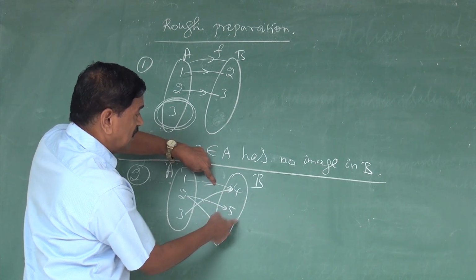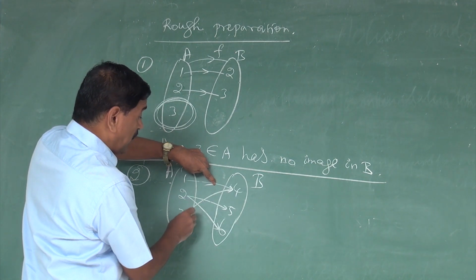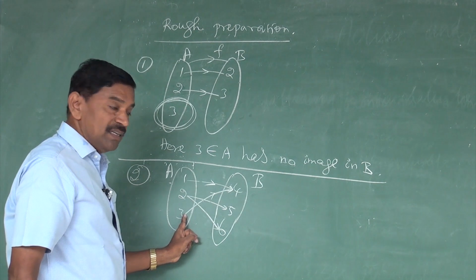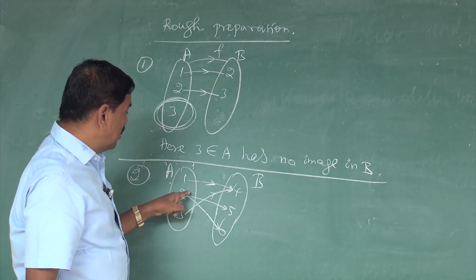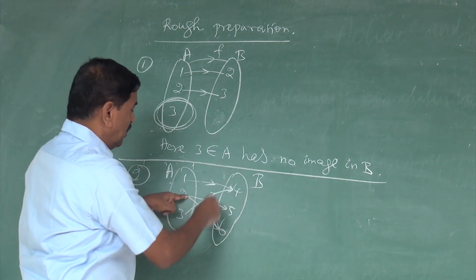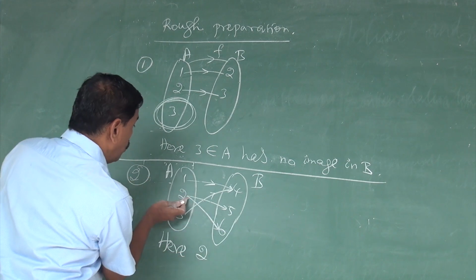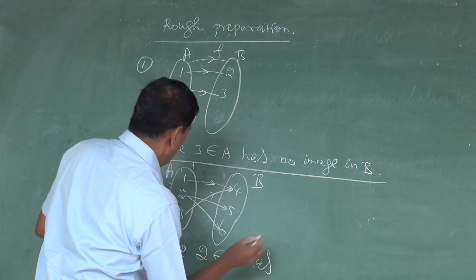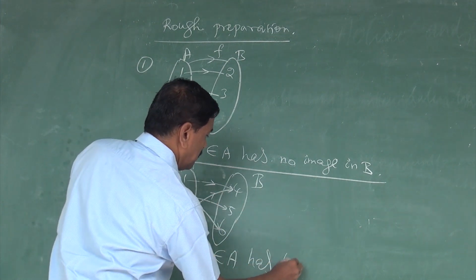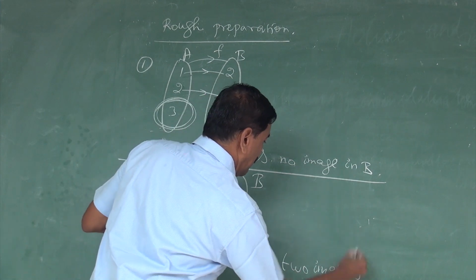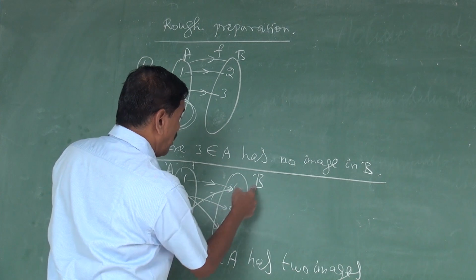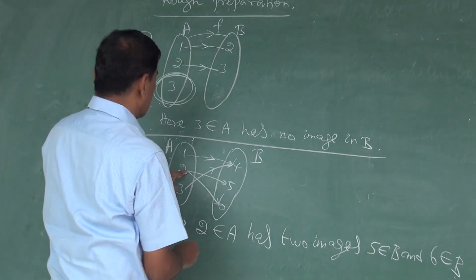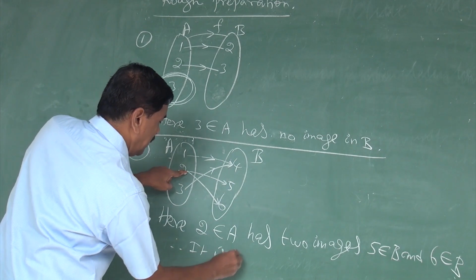So for 2 there are 2 images in B. Here 1 has only one image, that is a unique image, 3 has only one image, that is a unique image, but 2 has 2 images in B. So here 2 belongs to A and has 2 images in B: 5 belongs to B and 6 belongs to B. Therefore, it is not a function.